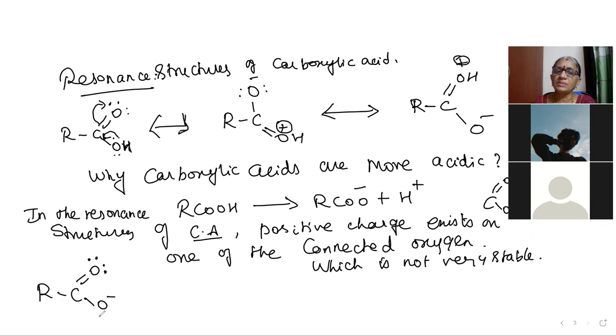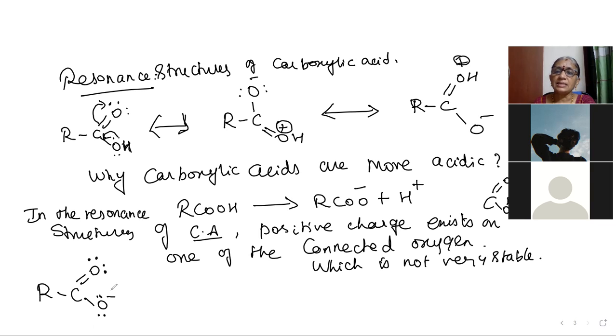Connected by a single bond, there are also two lone pairs, and this negative charge has come from the loss of H plus. When you have RCOOH, the H plus goes off, leaving the bond pair, so this bond pair shifts as a negative charge on this oxygen.